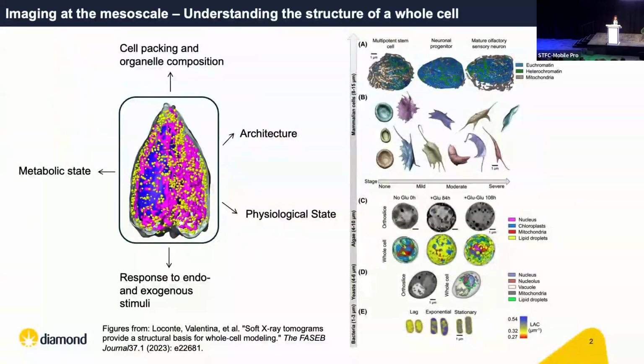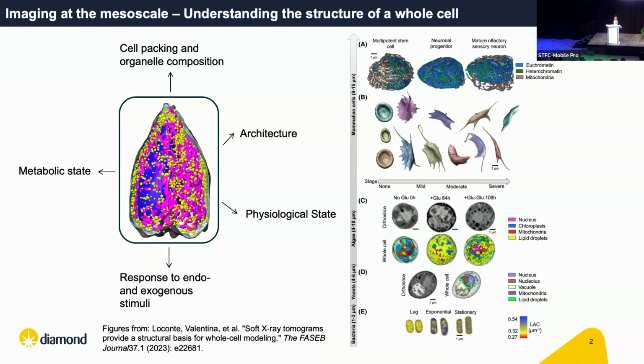So on B24, we use soft X-ray to explore the general structure of the cell at the mesoscale. We don't do this only to identify cell packing and organelle organization, but we are trying to do this with the goal of exploring the physiological activity of the cell and trying to understand why the dynamic motion of the cells is actually taking place in a certain established pattern.